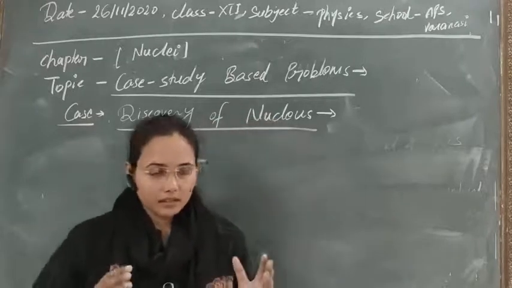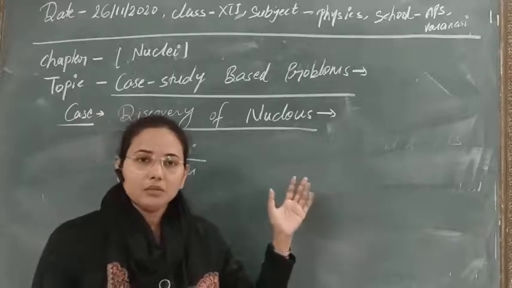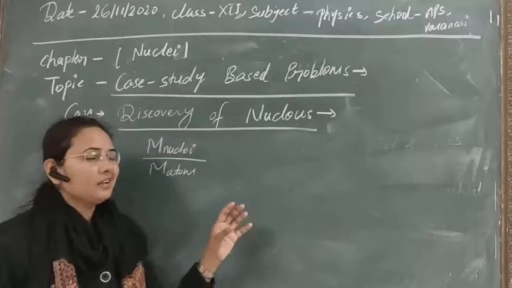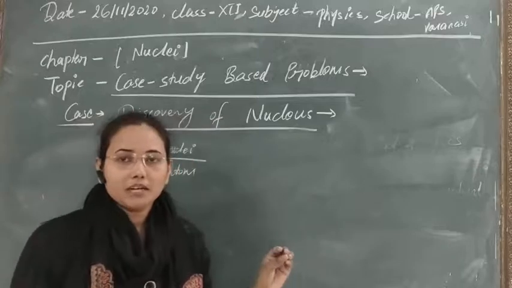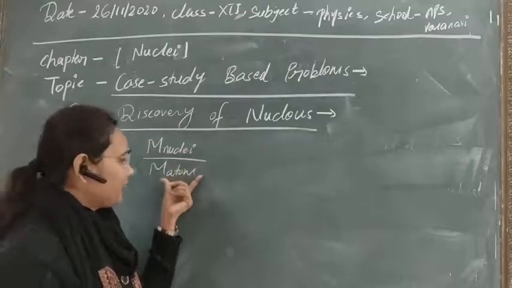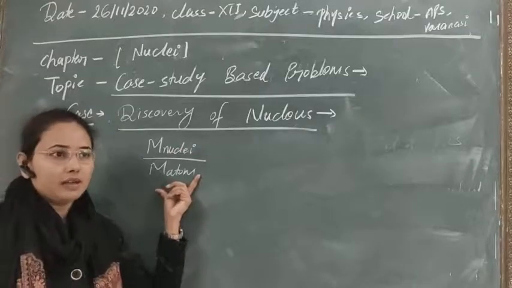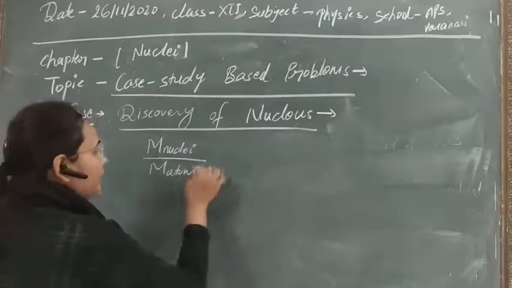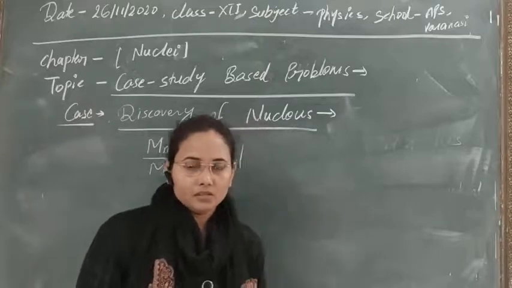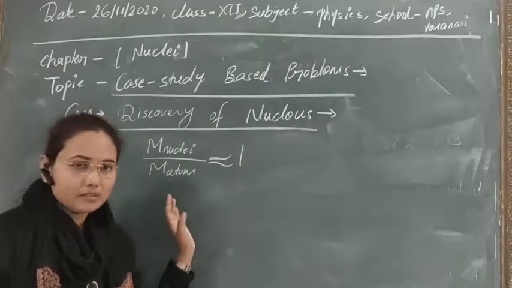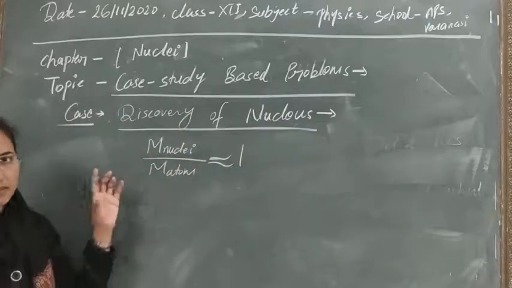Protons and neutrons are much more massive than electrons, so the nucleus represents nearly the whole mass of the atom. The mass of the nucleus is nearly equal to the mass of the atom, because electrons carry very small mass. So the ratio is approximately equal to 1. This question can be asked, so don't try to write anything here. It is based on fundamental facts.